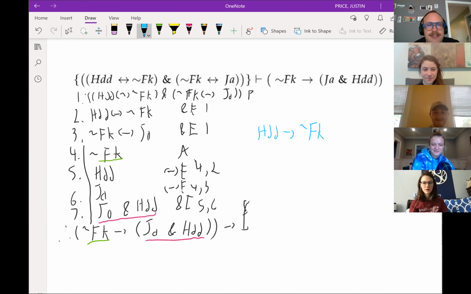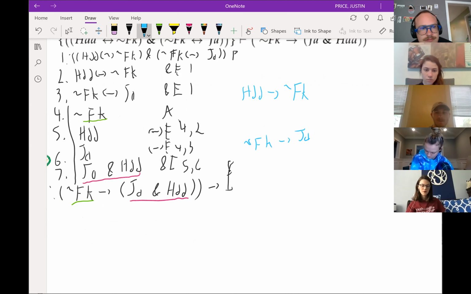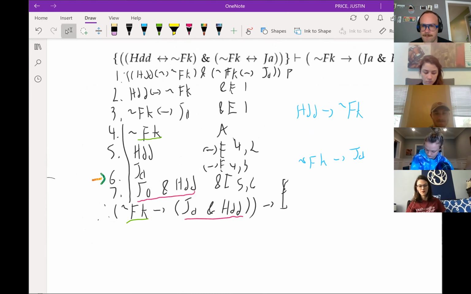So if you stopped at JA, that would give you the following. I mean, you could do that, but the thing that you would get according to this rule would be negation FK conditional JA, which also wouldn't really help you, but it would be a valid move.